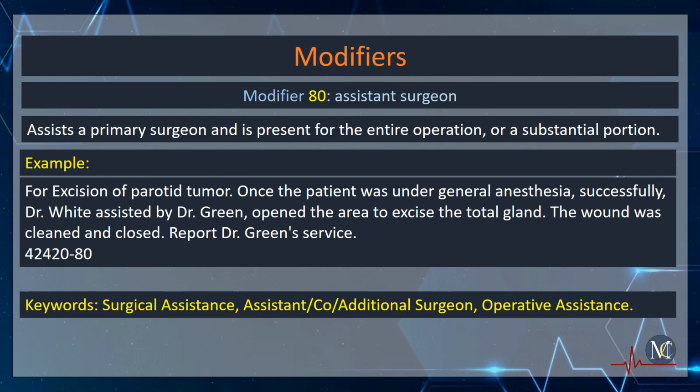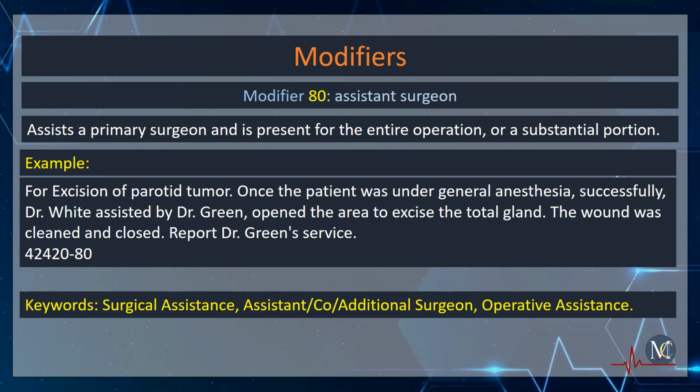Let's take an example. For excision of parotid tumor, once the patient was under general anesthesia successfully, Dr. White, assisted by Dr. Green, opened the area to excise the total gland. The wound was cleaned and closed. Report Dr. Green's service.